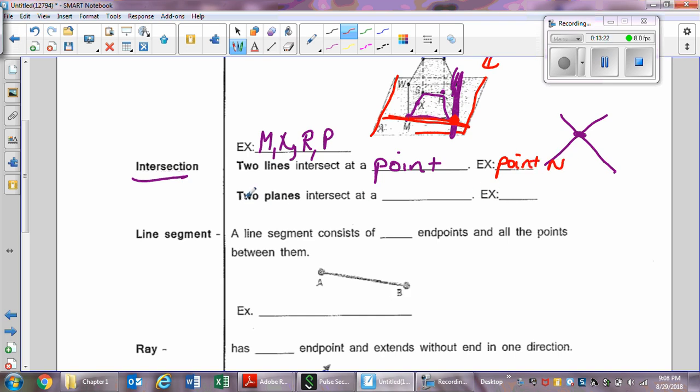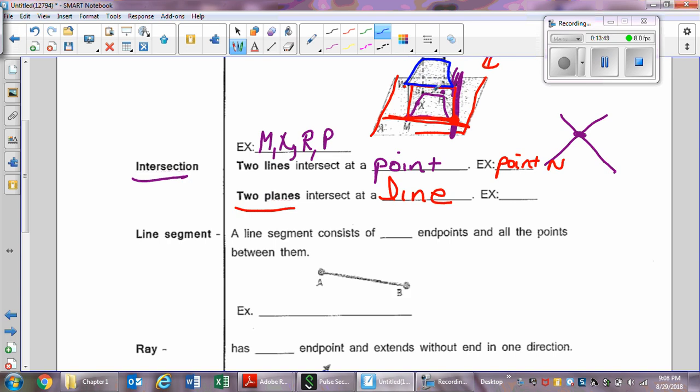But if we have two planes, the two planes intersect at a line. Okay, and you can clearly see that it is. Let's label this plane the red plane, and then I'll use blue to label this plane here on the top.